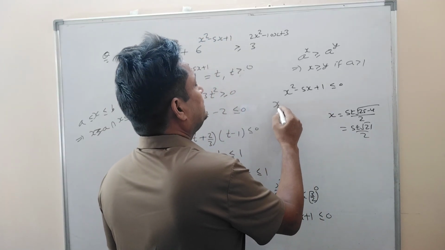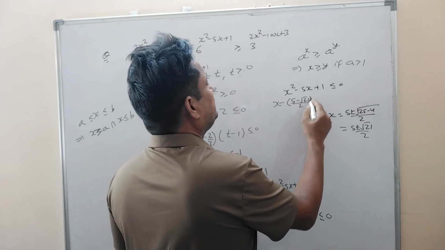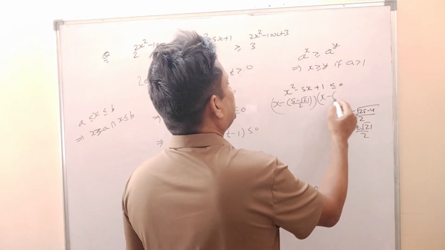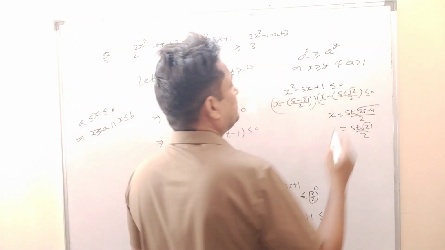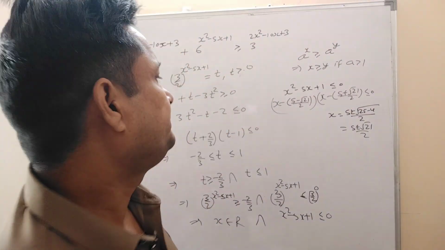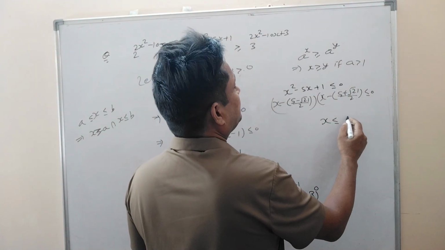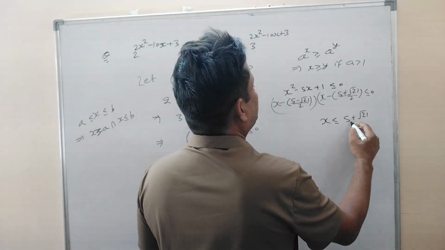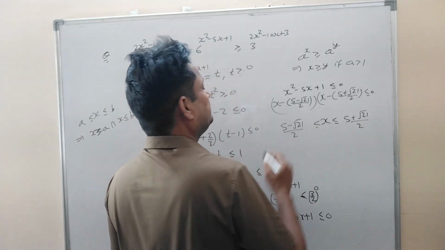That means it can be written as x minus (5 minus root 21)/2 into x minus (5 plus root 21)/2 less than or equal to 0. Right. So the solution of this one will be x less than or equal to (5 plus root 21)/2 and greater than or equal to (5 minus root 21)/2.